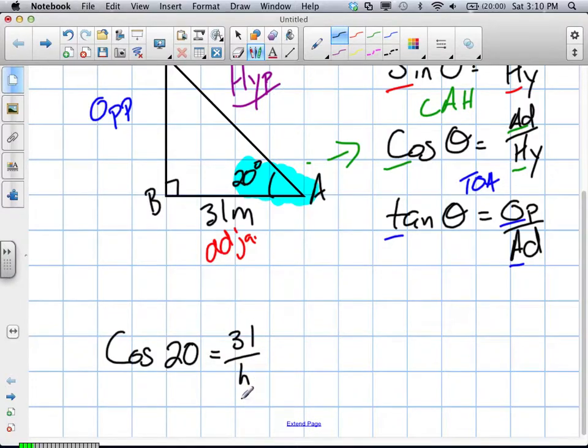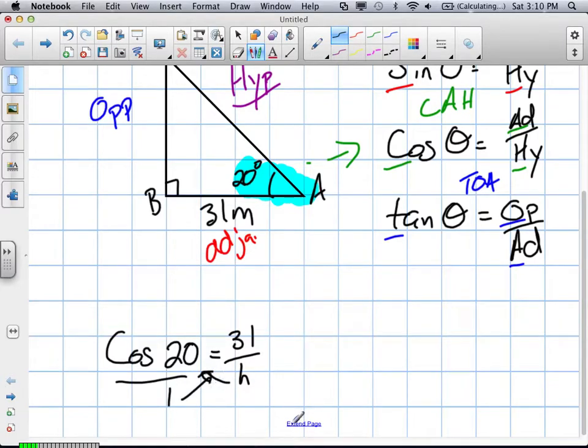Now we have to solve for h. Well, h is on the bottom of the fraction. Do you remember cross multiplying? Yes, you're right, you jumped ahead. I'll do it one step at a time just to refresh.